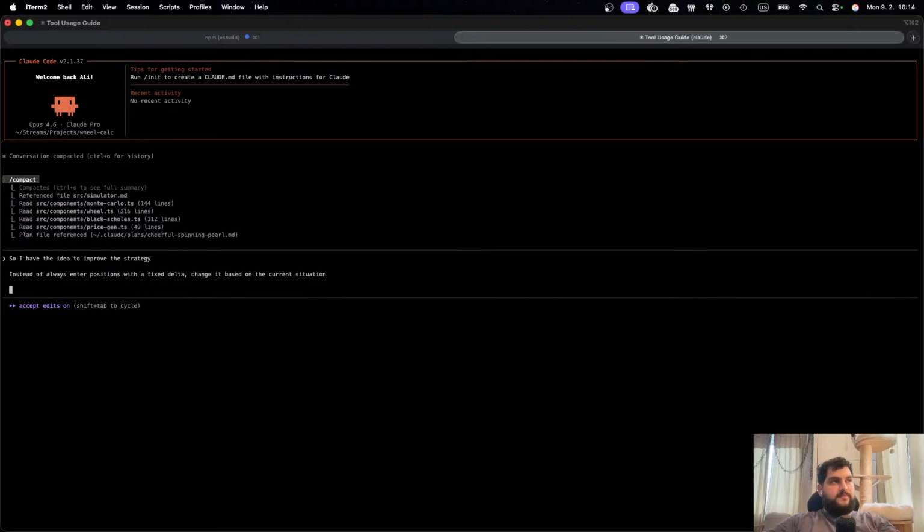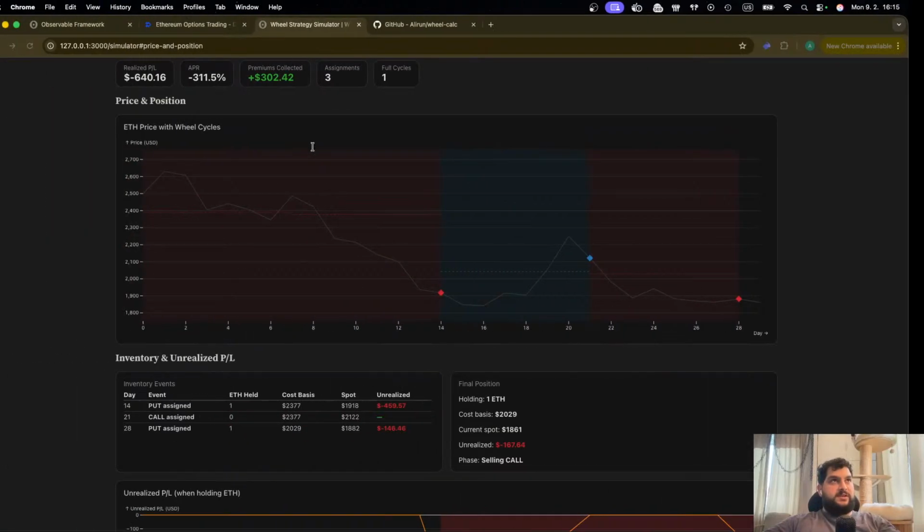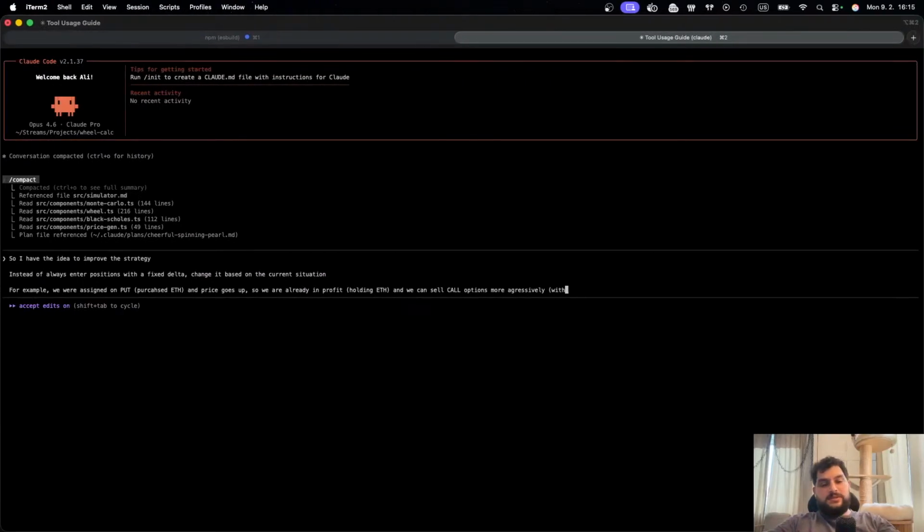For example, we were assigned on put, so purchased ETH, and the price goes up. So we are already in profit holding ETH, and we can sell options more aggressively, with basically higher delta, right? Yes, with higher delta.